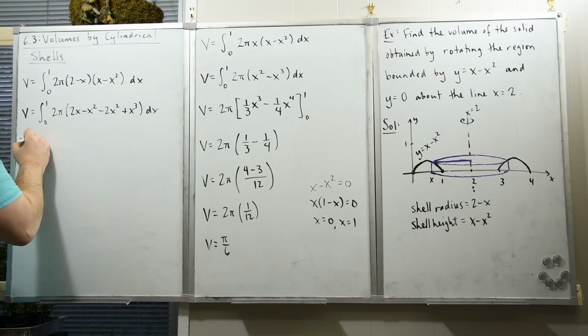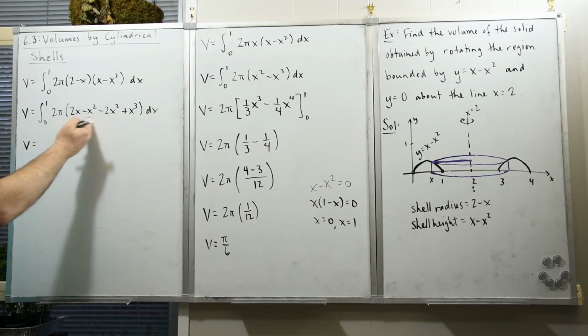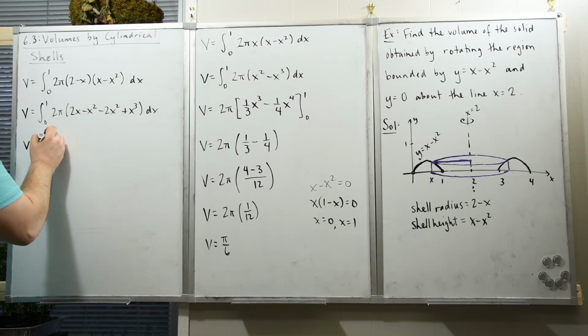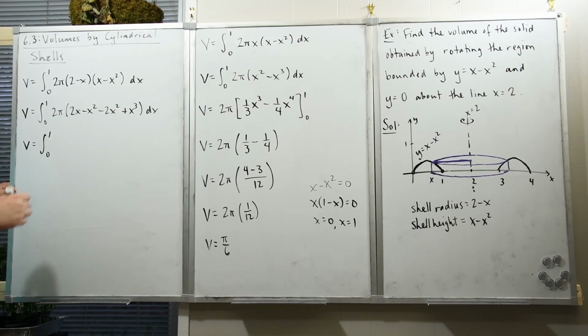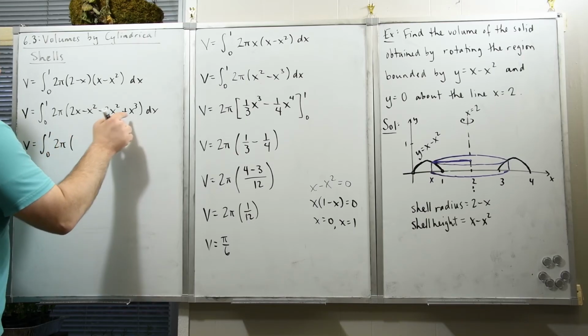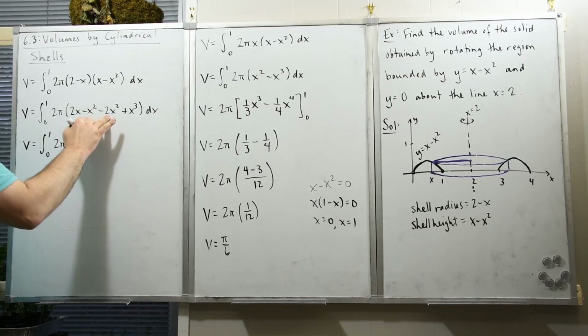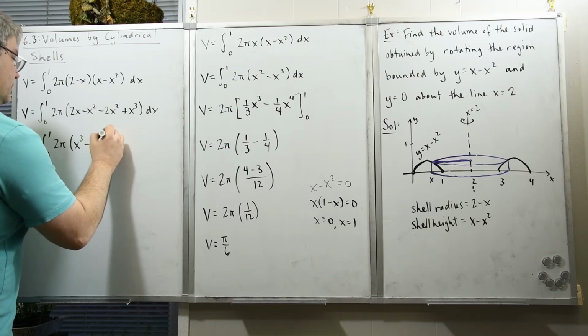Combine your like terms and maybe write what's in here in descending powers of the variable. And the integral from 0 to 1, 2 pi times x cubed minus 3x squared plus 2x.